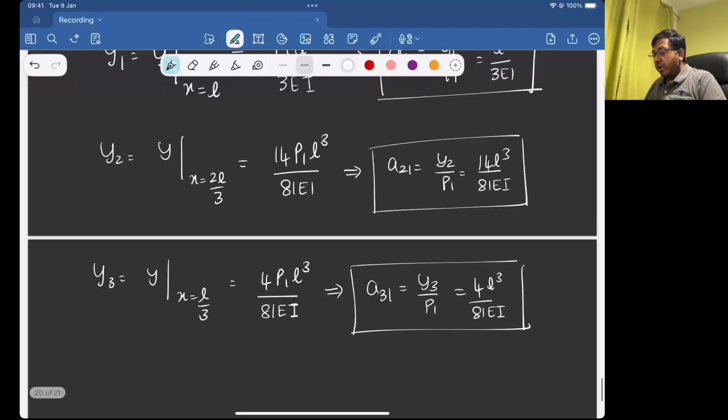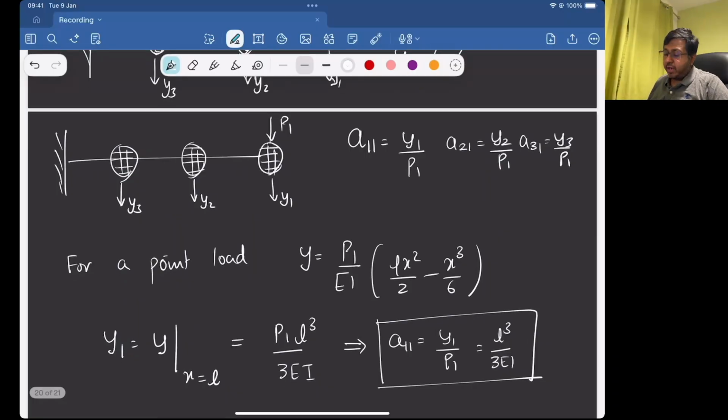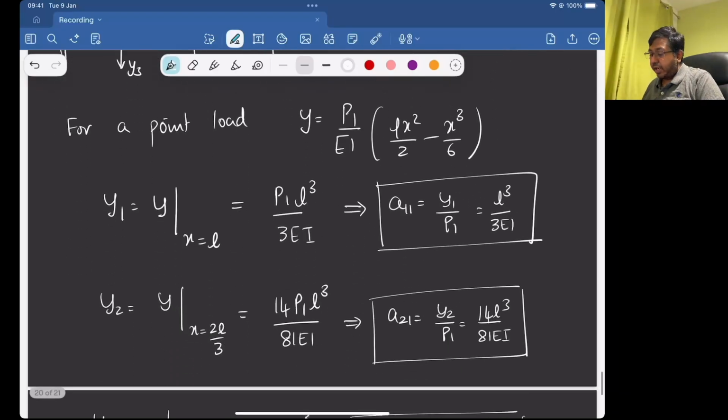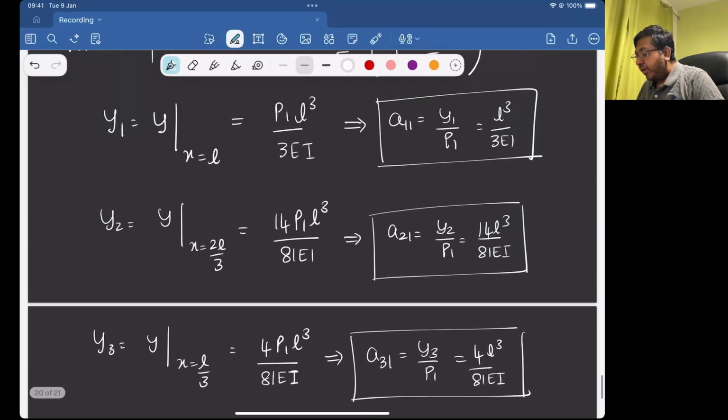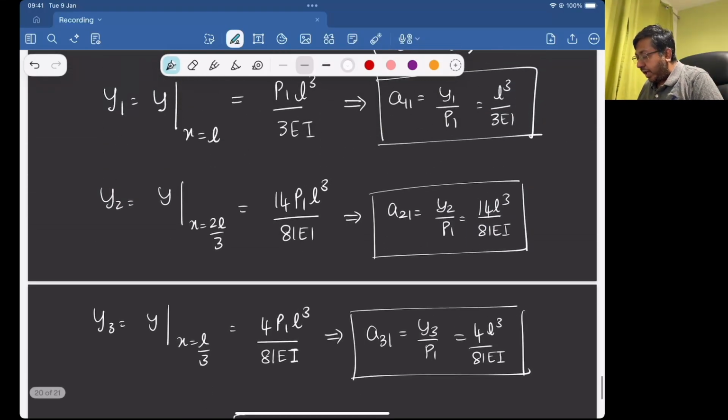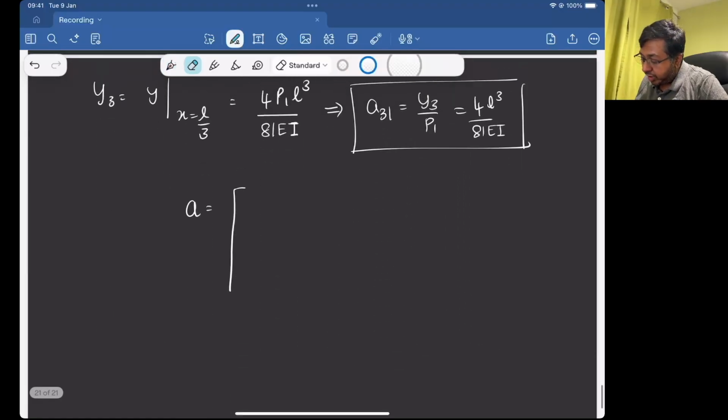Okay. So this scenario, let's call it scenario 1, was reasonably straightforward. Now if we write our A, we have lots of terms we don't know yet. We'll fill in the terms that we know, right? I'm going to pull L cubed over EI outside.